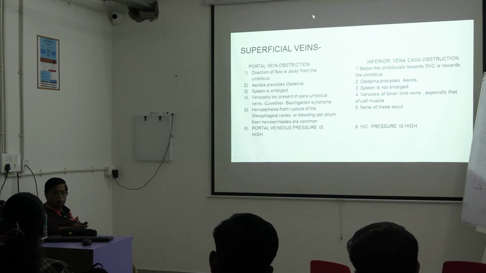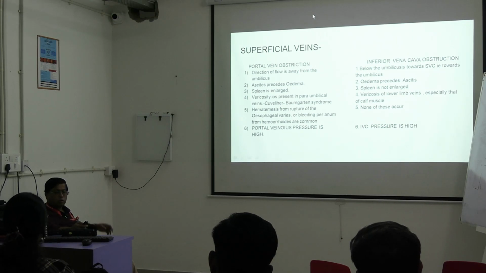There are anastomoses, because thoracic veins and parietal veins are there where they can drain. Particularly in the lumbar and paralumbar region, there are thick veins from where they can drain into the superior vena cava.